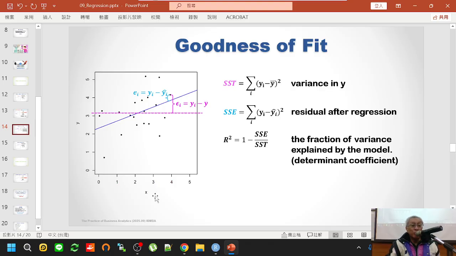So if we do not use X, we can still estimate Y by its average.